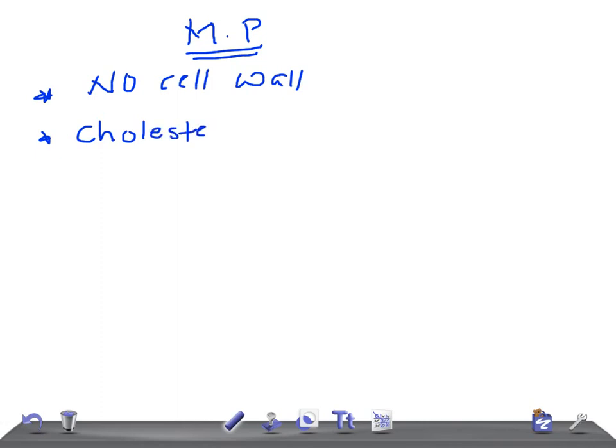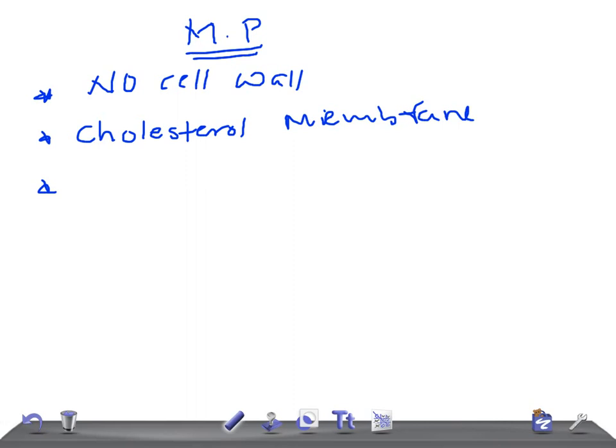If they have cholesterol in their membrane, it means they require cholesterol for the synthesis of their membrane. So if you're choosing any media to grow Mycoplasma pneumoniae, that media should contain cholesterol.